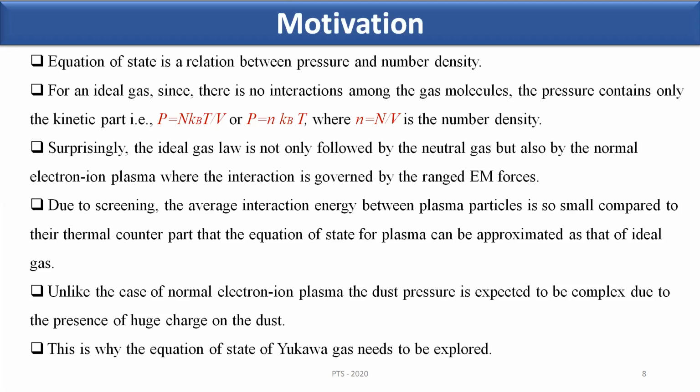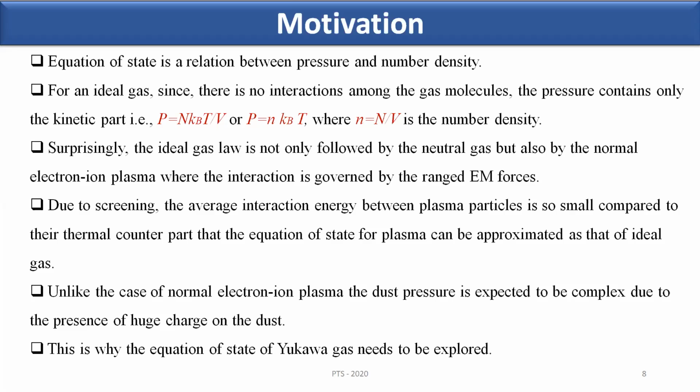Surprisingly, the same thing is seen in normal electron-ion plasmas also. The electron-ion plasma has long-range interaction, yet the equation of state is similar to the ideal gas equation. The reason is that in electron-ion plasmas the intermolecular distances are large, so the interactions are screened significantly, and the pressure is given by the kinetic pressure only.